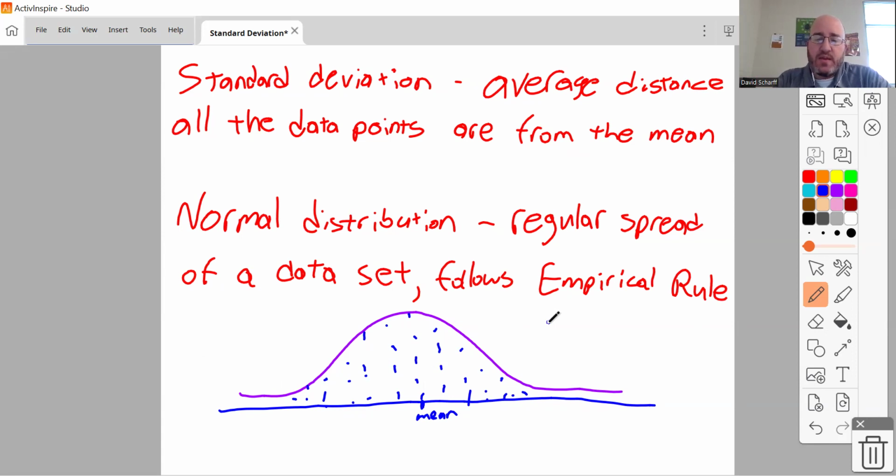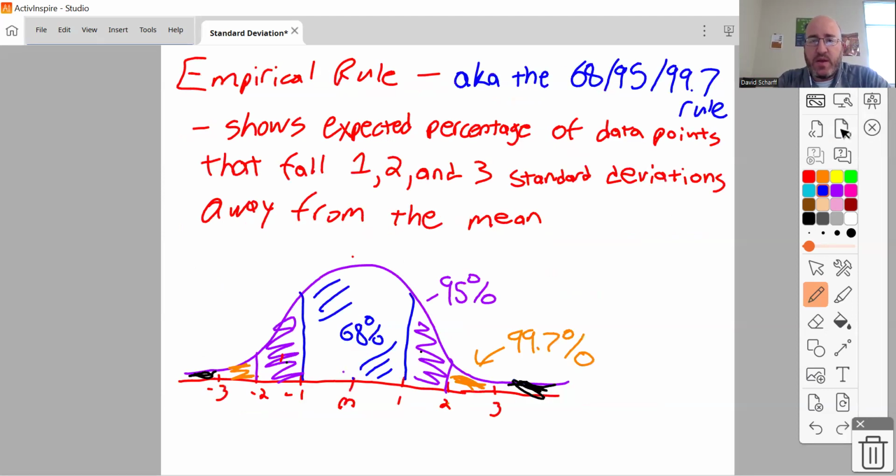The average percentage of those dots within certain distances of the mean. So here's that, the empirical rule, aka the 68, 95, 99.7. This shows the expected percentage of data points that fall 1, 2, and 3 standard deviations away from the mean. So 1, 2, and 3 follow 68, 95, 99.7.